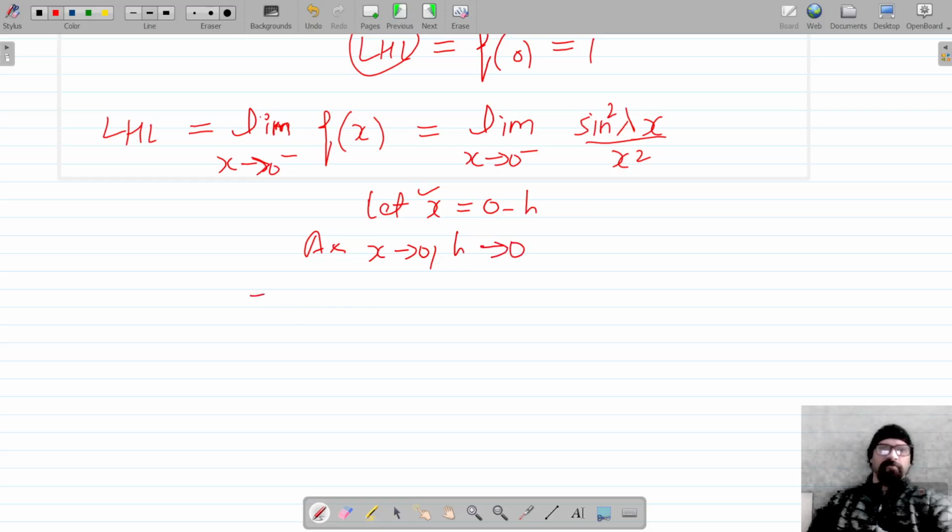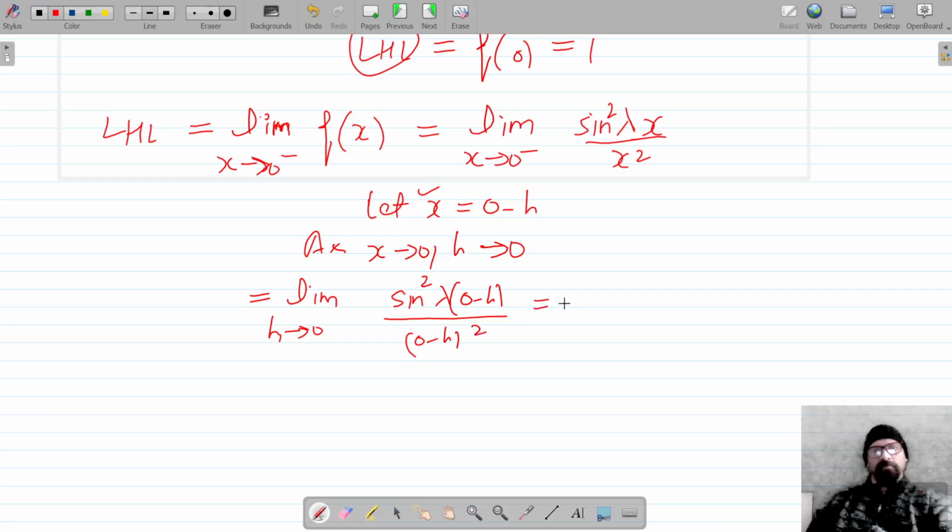So let's replace the value here. Our limit is now in terms of limit h tends to 0, and instead of x we put 0 minus h: sine square lambda times 0 minus h, upon 0 minus h the whole square.